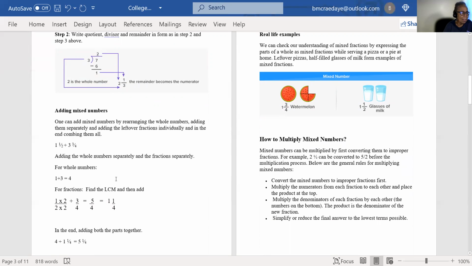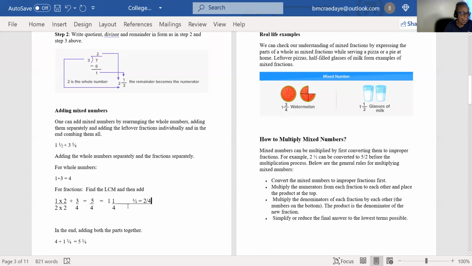Now, to add those, we can't add 1/2 and 3/4 as they are, because in order to add fractions, your denominators must be the same. So we want to convert our 1/2, and we can convert that to 2 over 4. 1/2 equals 2 over 4.